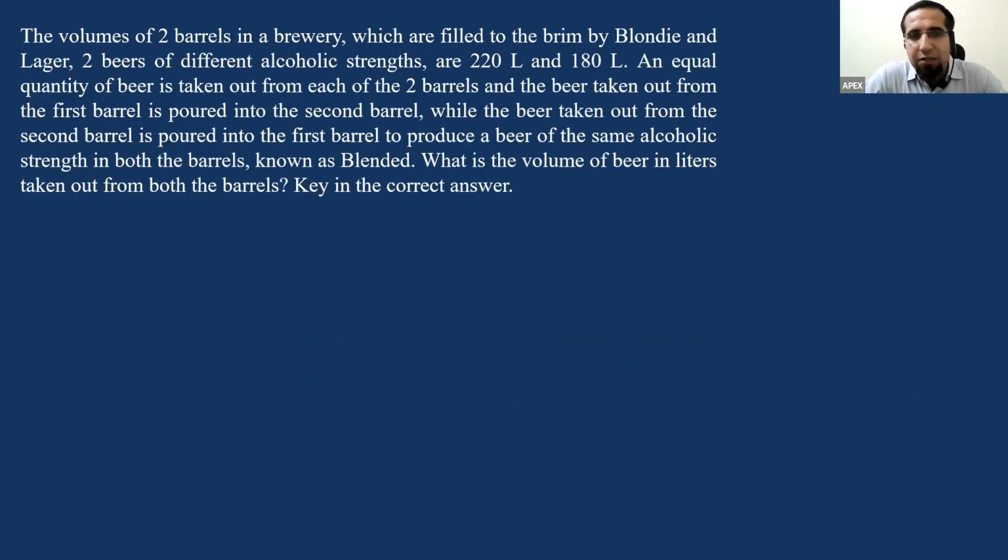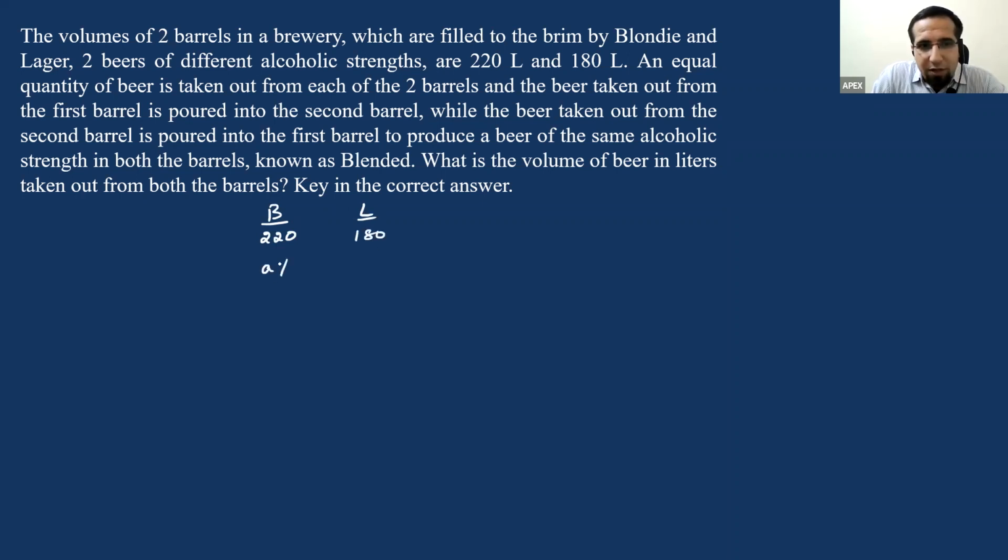Now, the volume of barrels in a brewery which are filled to the brim by Blondie and Lager, two kinds of beer with different alcoholic strengths, are 220 liters. Okay. So Blondie is of 220 liters. I do not know the alcohol strength, and lager is of 180 liters.